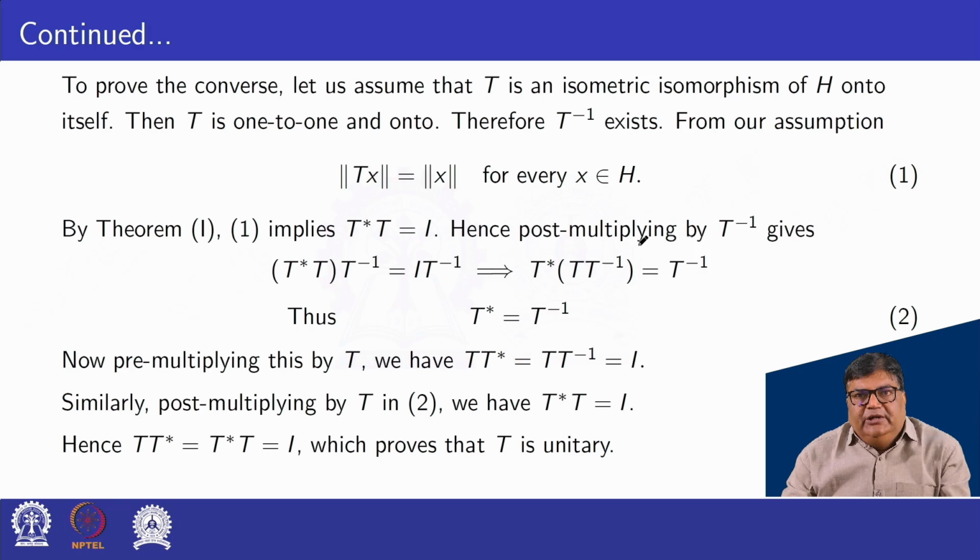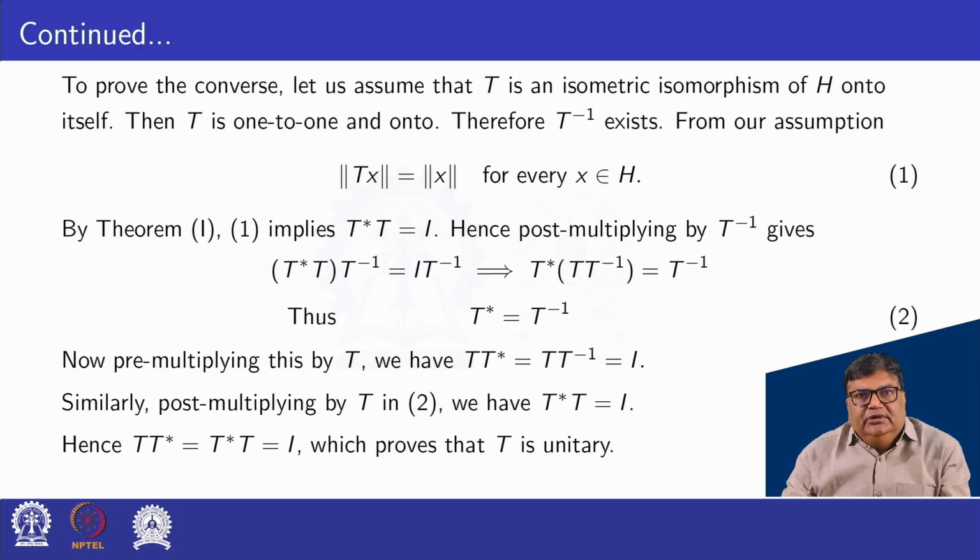Hence, post multiplying by T inverse, we get T star T into T inverse, that is T star T applied on T inverse. So T star T equal to I, which can be written as I T inverse.